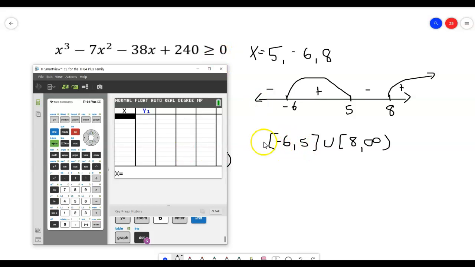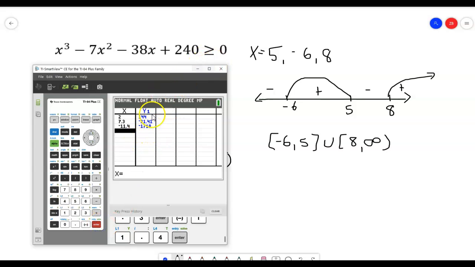So just try it. I'll put in a 2. Is 2 in there? Yes. So if I put in a 2, it gives me a value that's greater than or equal to 0. If I put in something that's not in those intervals, like a 7.3, it's going to give me something that's not greater than or equal to 0. If I put in a -11.4, which is not in those intervals, it'll give me something that's not greater than or equal to 0. So that's why it works.